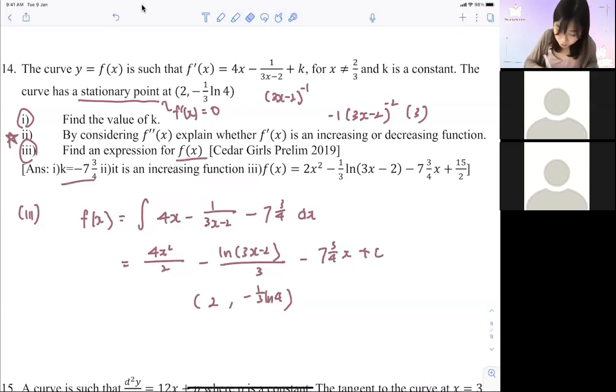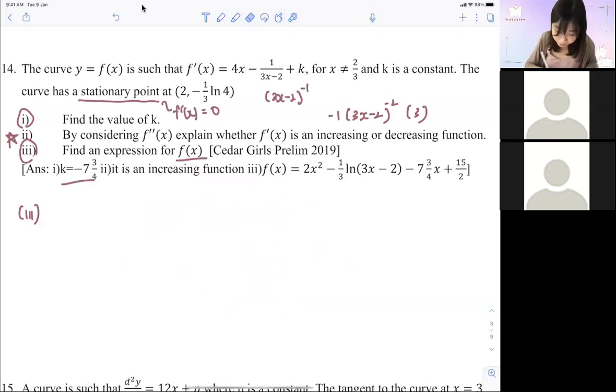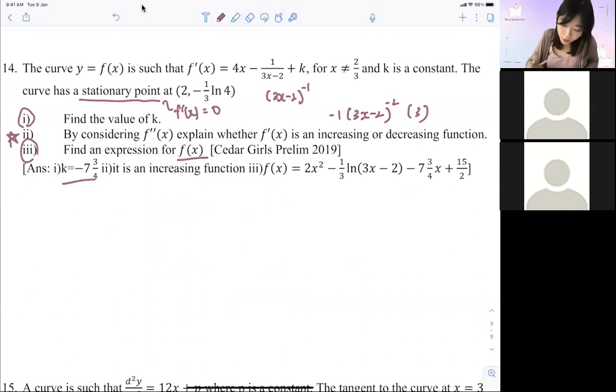The minimum point is when d squared y over dx squared is less than 0? Wait, no, anyway, it's more than 0. d squared y over dx squared more than 0 equals a minimum point, like a smiley face, so it is a minimum point. Yes. Okay, so this one, both of you got it right.